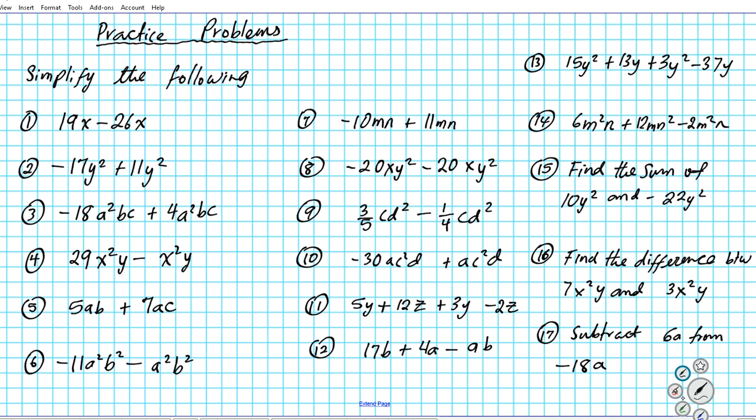Alrighty, so hopefully you had a chance to try out these problems. Let's go ahead and display the answers. For number 1, the answer is 7x. For number 2, it's negative 7x.